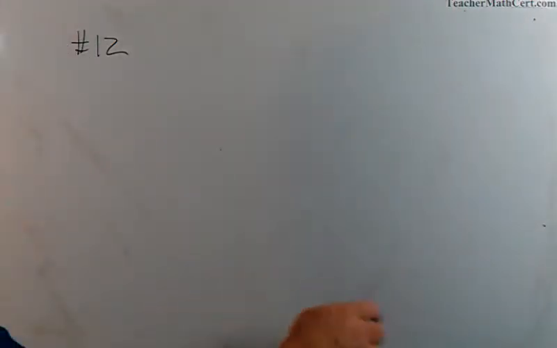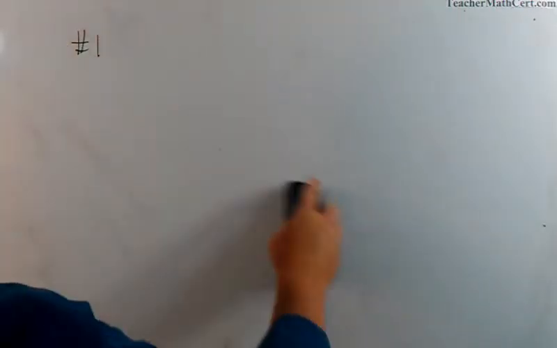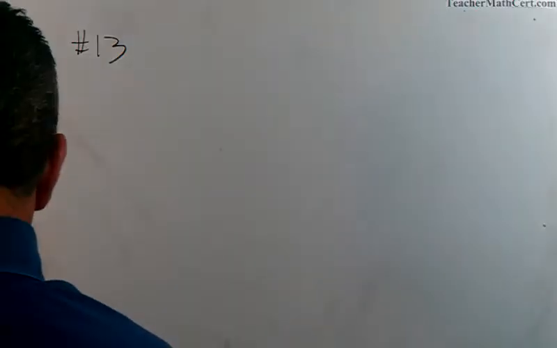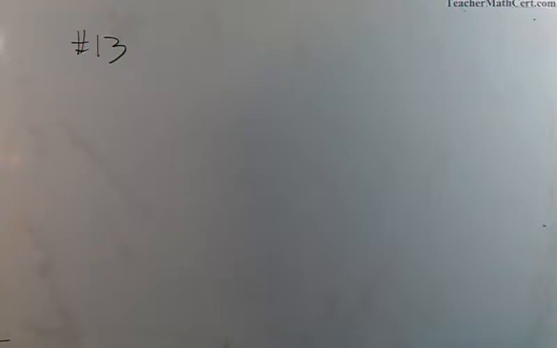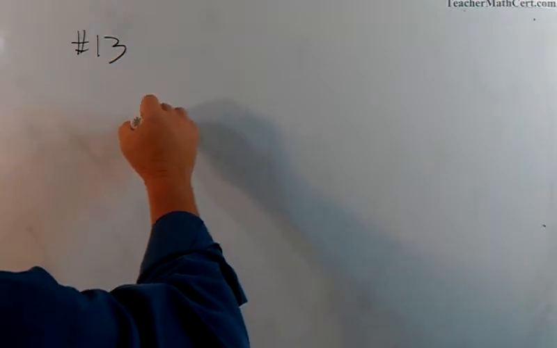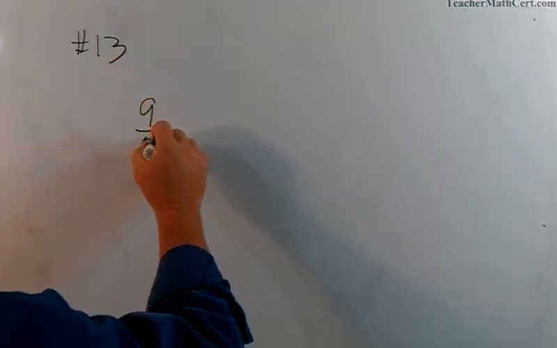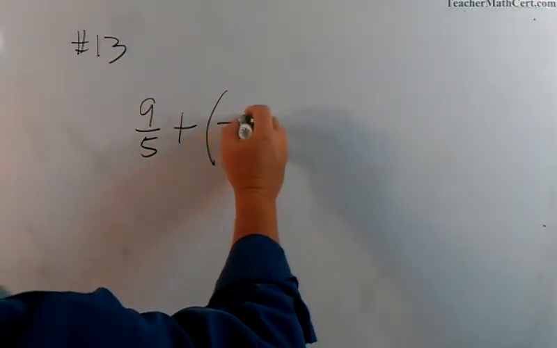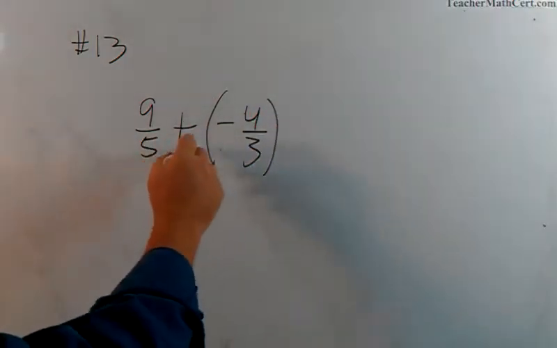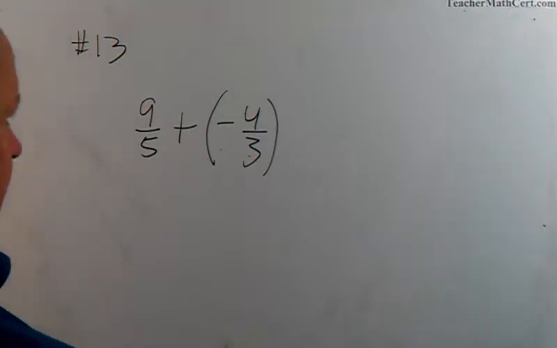Number 13. We've got a 9/5 plus a minus 4/3. Pieces of the pie not the same, we've got to make them the same. How do we do it?